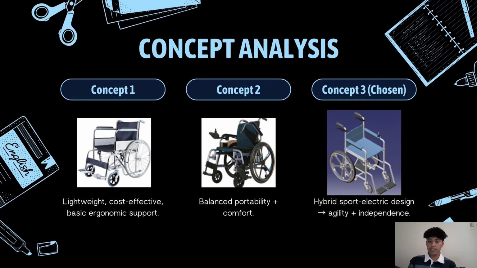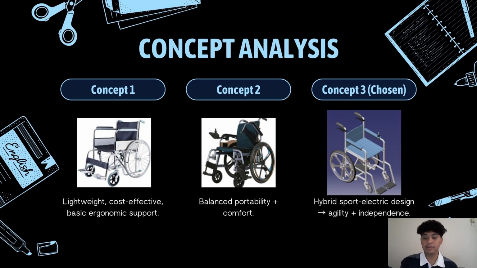Using our benchmarking data, we developed 3 distinct design concepts to find the perfect balance for our users. The first, concept 1, represents the baseline, a lightweight, cost-effective model with basic ergonomic support. It is functional but lacks the advanced features we want to provide.